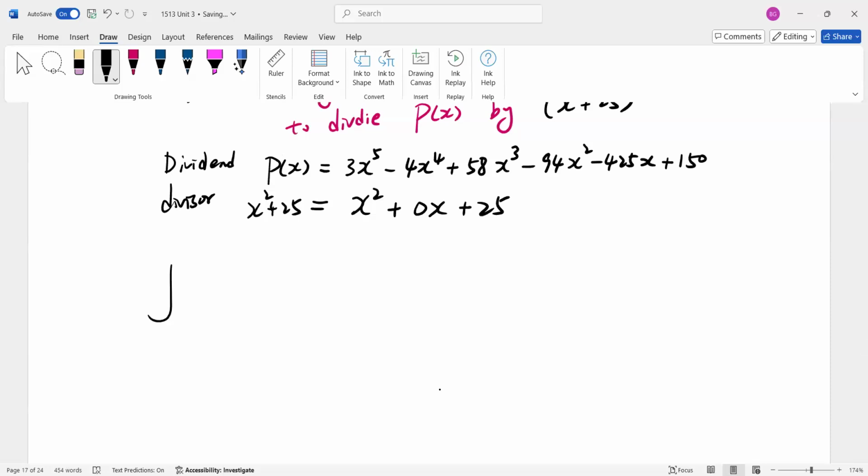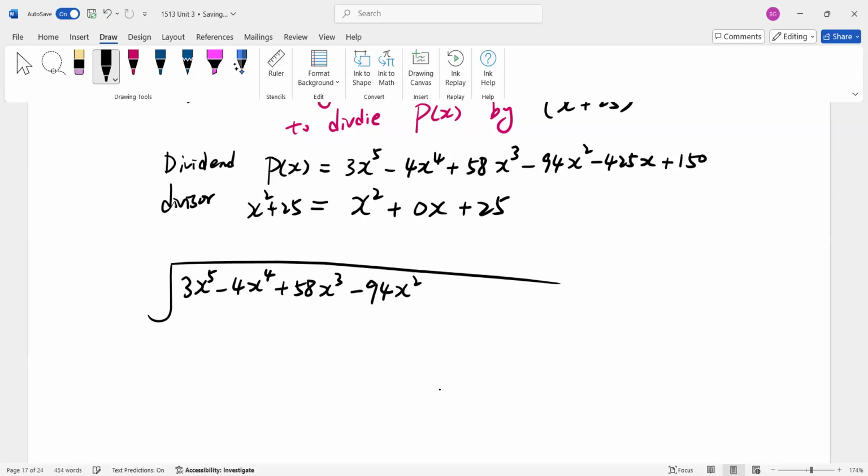I know that. 3x to the 5th minus 4x to the 4th plus 58x cubed minus 94x squared minus 425x plus 150, and the divisor x squared plus 0x plus 25. I'm going to go through the process of long division a little bit fast, otherwise it's gonna take at least 15 minutes.